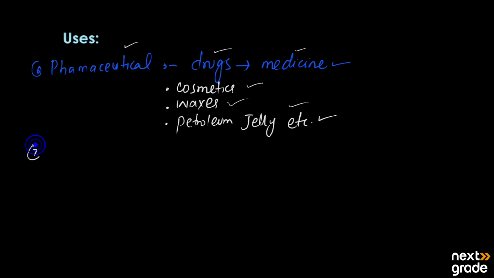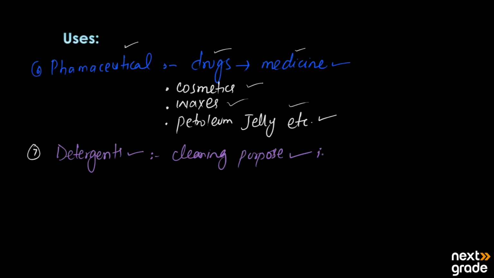Next, the seventh use of hydrocarbons is in the manufacturing of detergents. Detergents are used for cleaning purposes.